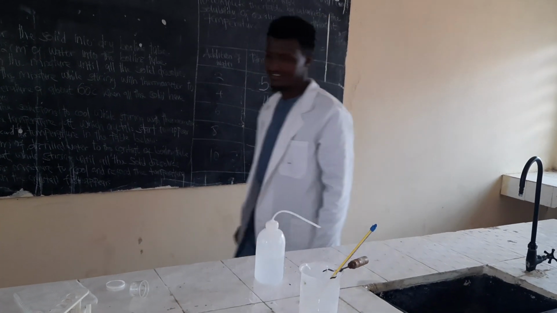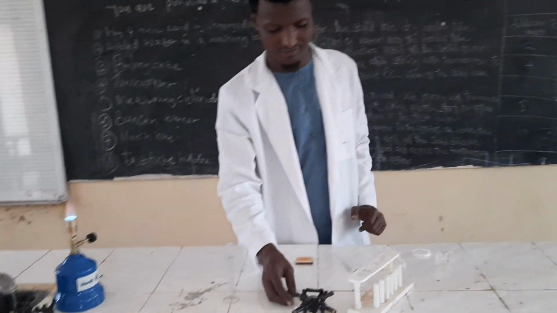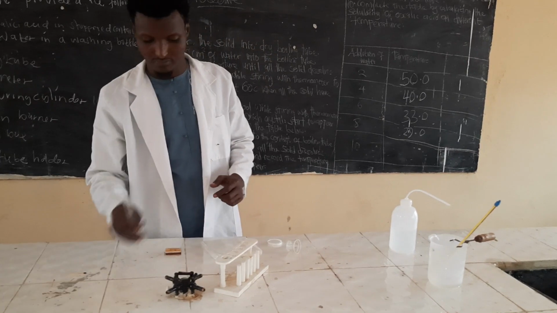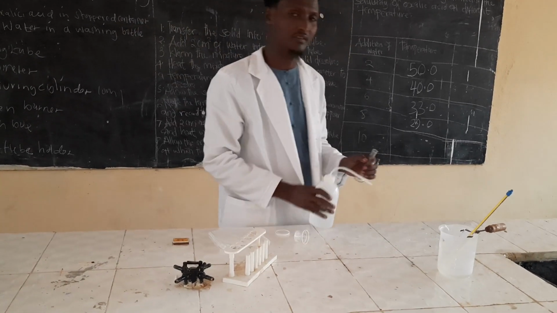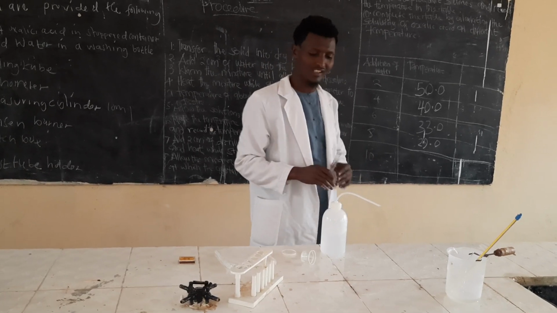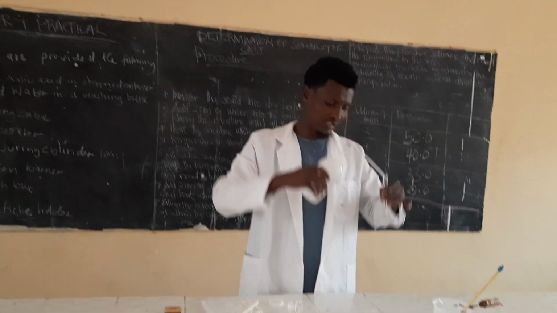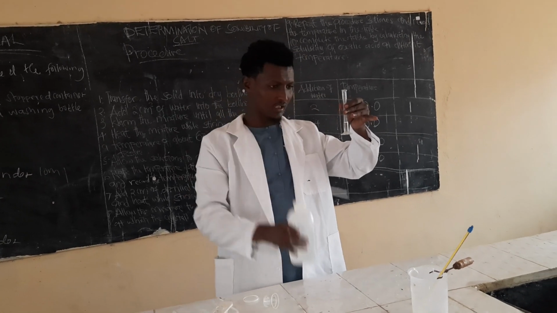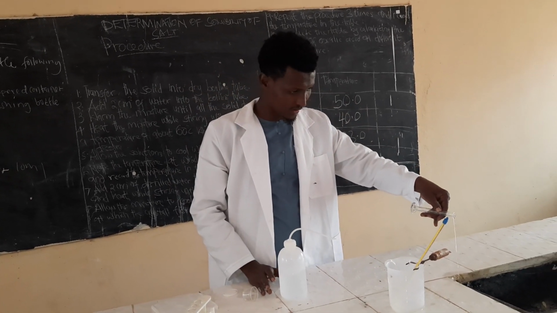Okay, the last but not the least. We measure 2 stimulant. Make sure you measure only 2 stimulant. Don't measure 10. If you do, you will get an inaccurate result.